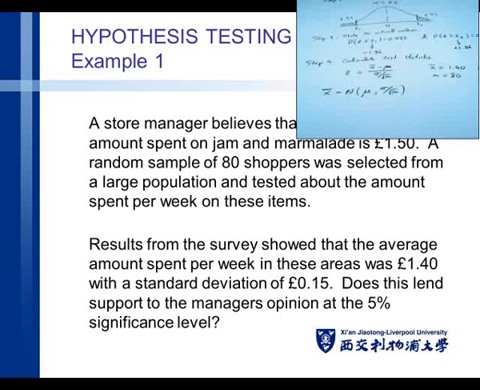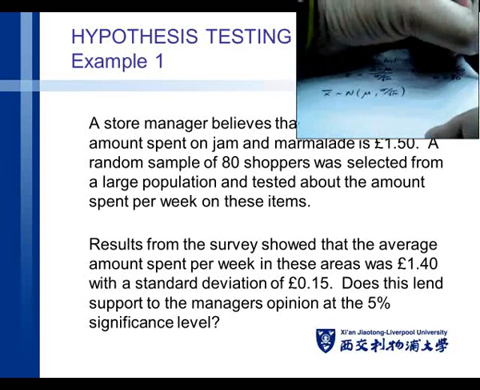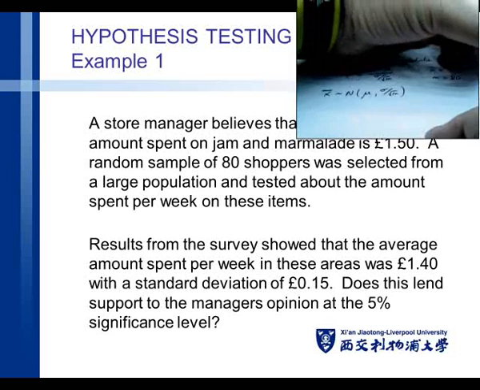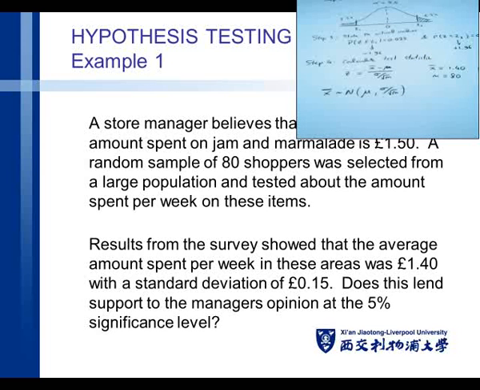We're going to assume that it is true and use that here. So we're going to assume mu is equal to 1.5, because that's the hypothesis that we were testing.